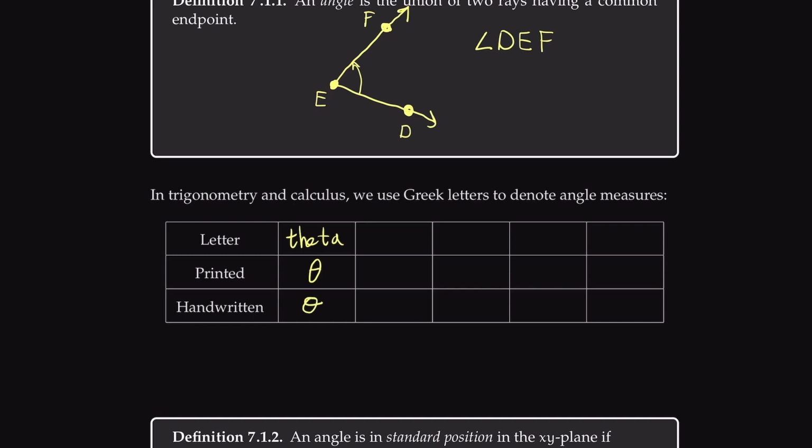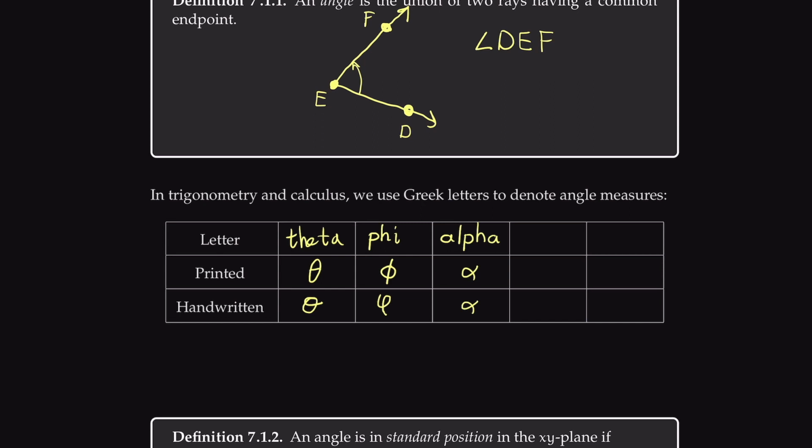There's the angle phi. Sometimes people call this phi. It looks like this. And when we write it, a lot of the time, again, we'll handwrite it something like that. Alpha, which is the Greek letter A, and that looks like this.